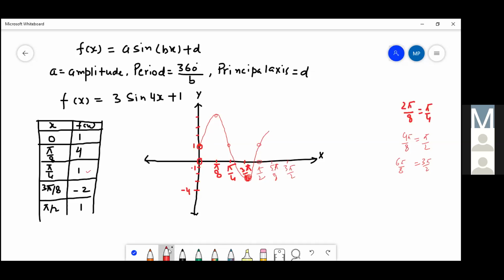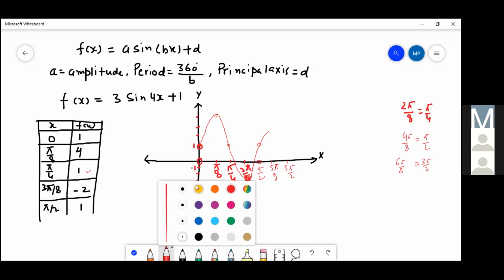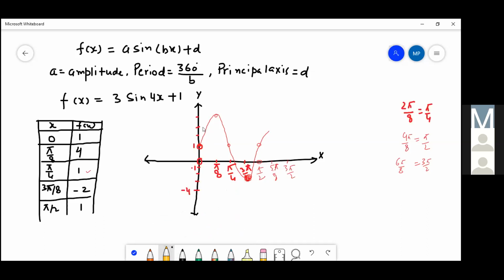Here I mean the middle line. This is the middle line. So this middle line is the principal axis, and you can see d equals 1 here.